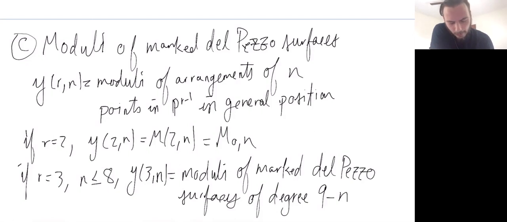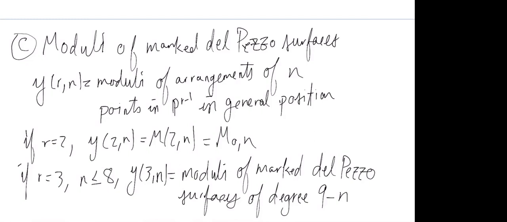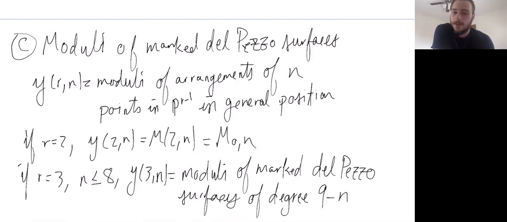And if r is 2, then they're going to be the same, because I'm just looking at points in P1. And if r is 3 and n is less than or equal to 8, then this space can be identified with the moduli space of marked del Pezzo surfaces of degree 9 minus n, just by taking n points in the plane and then blowing them up.